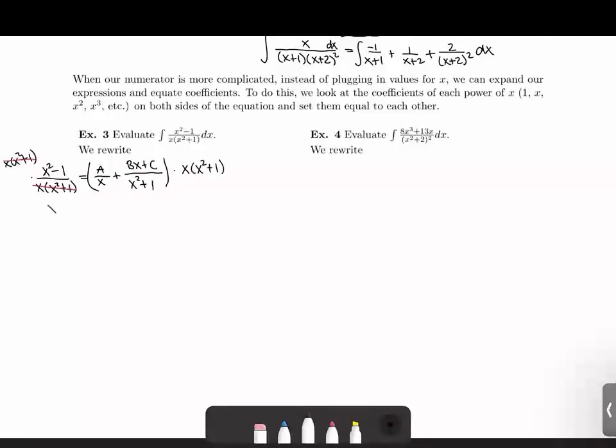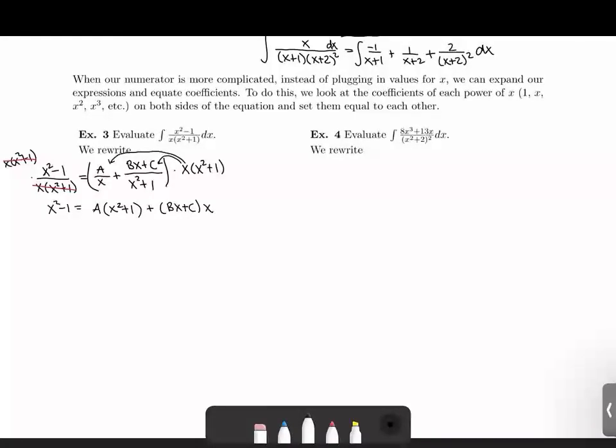So I'm just going to be left with x squared minus 1. And then when I distribute on my right-hand side, my x is going to cancel in my first term, so I'm just going to be left with a times x squared plus 1. And my x squared plus 1 is going to cancel for that next term, so I'm just going to be left with bx plus c times x.